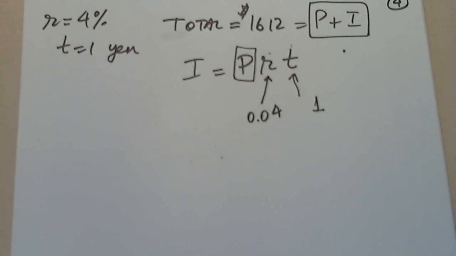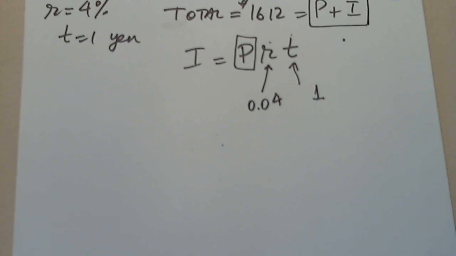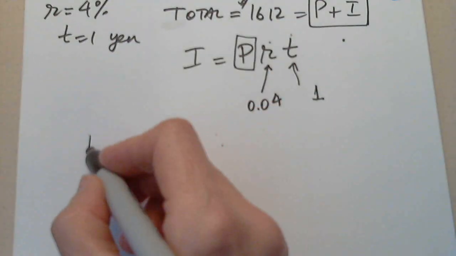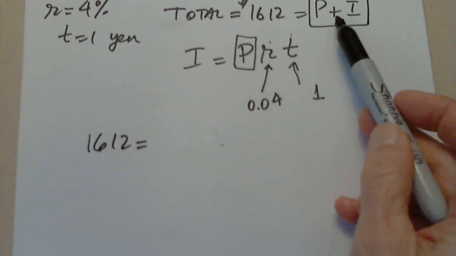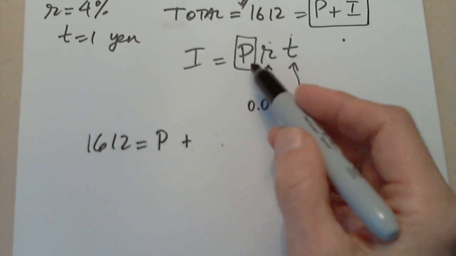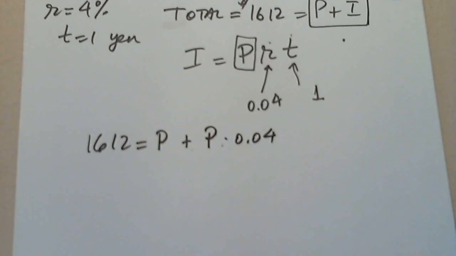First, you need to find interest, like you said. So 1612 is basically the principal, which I don't have, plus the principal, which I don't have, times 0.04.